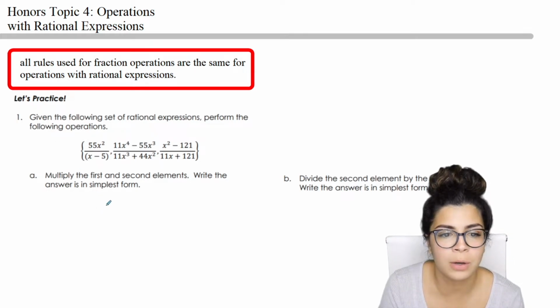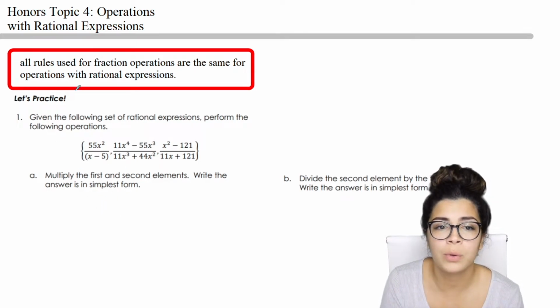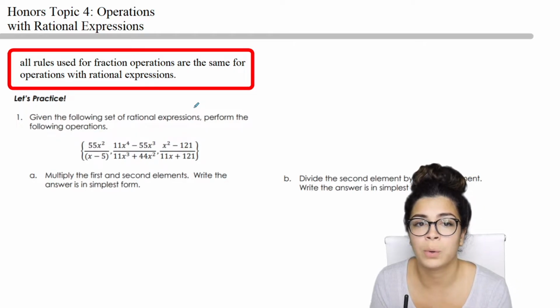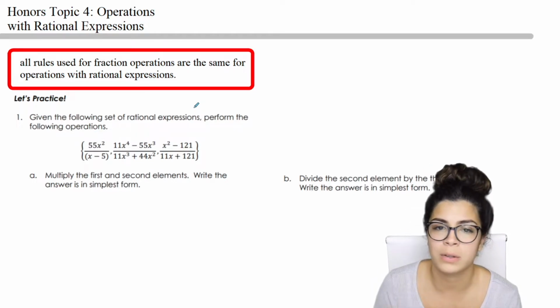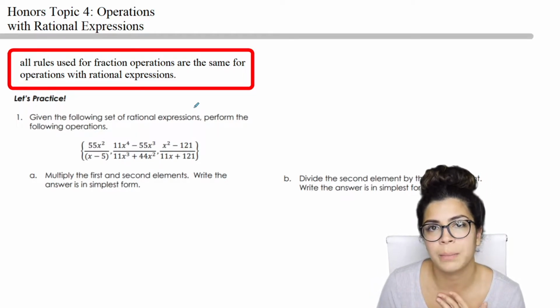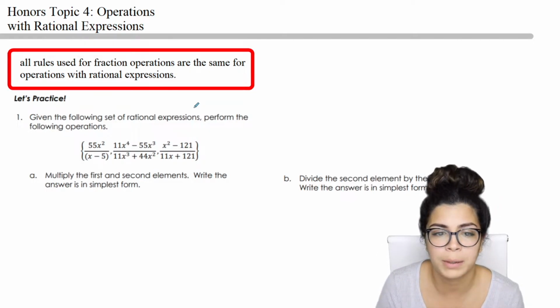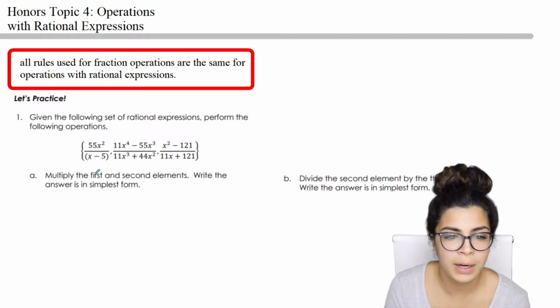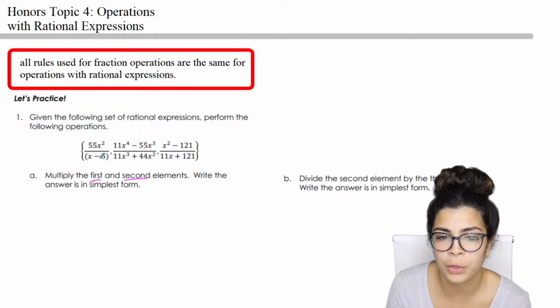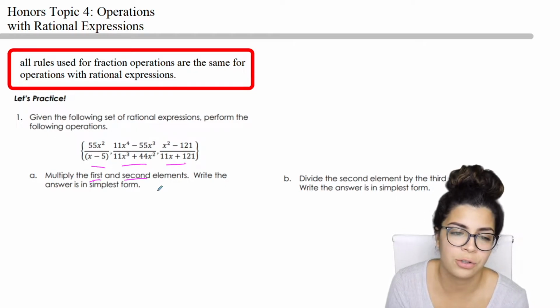So we're gonna start with multiplying. Now, all the rules that you had and learned for fraction operations are still all the same. So the process is still the same. We just have expressions instead of just a whole number. So they're asking us to multiply the first and the second element. So we have a set of elements here. All 3 of these elements are just rational expressions.